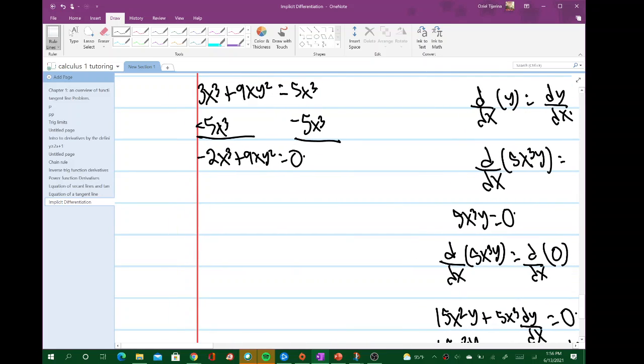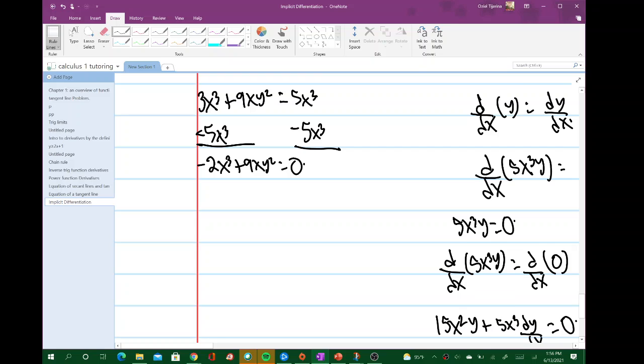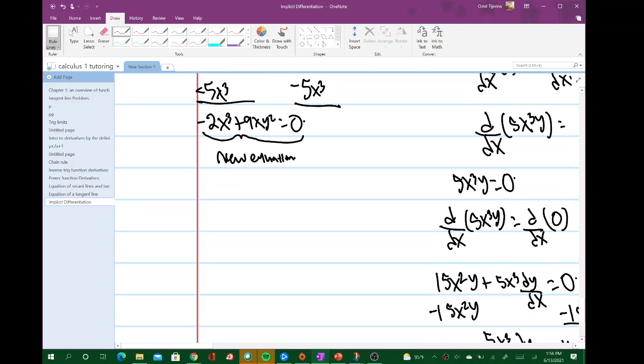So here, this is our new equation. This is not the derivative, this is a new equation. So that means that it's going to be the derivative of negative 2x cubed plus the derivative of 9xy squared is equal to 0 prime.